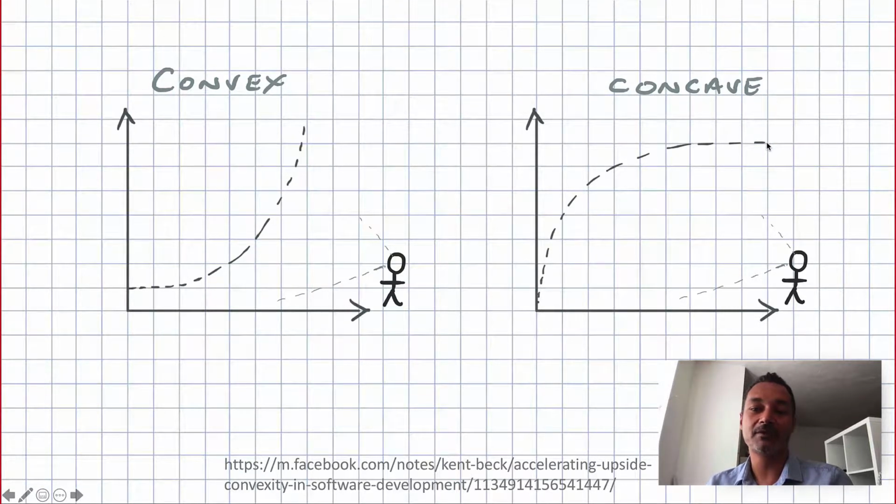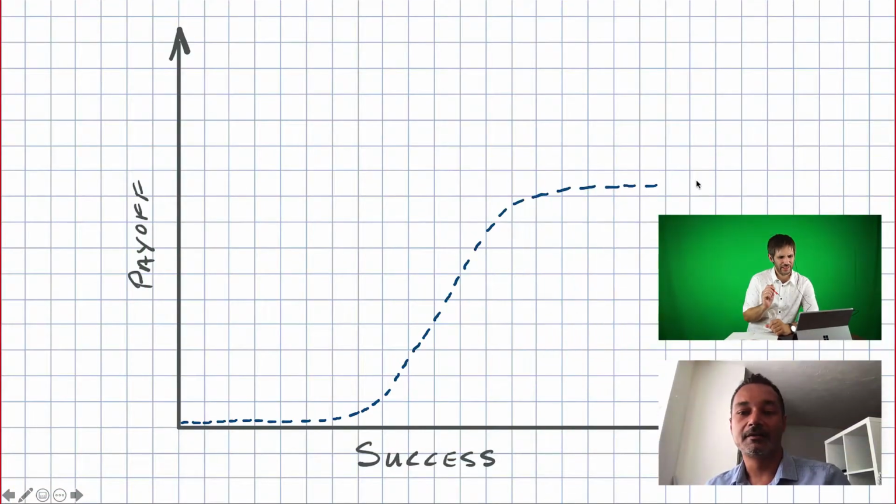And what he realized was actually these two things fit together. Yeah, and the interesting thing is that the x-axis is not necessarily time, but those ideas are linked to success.